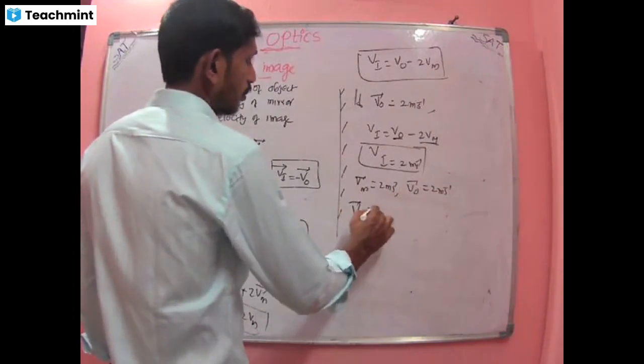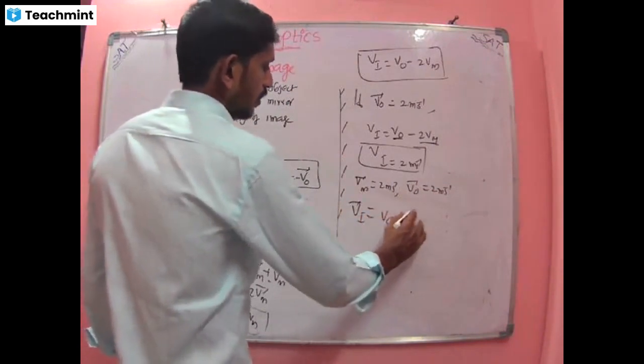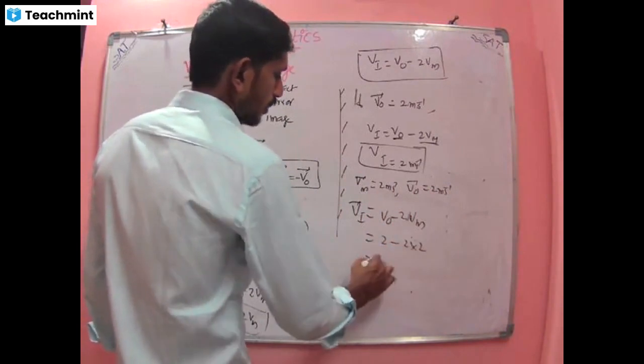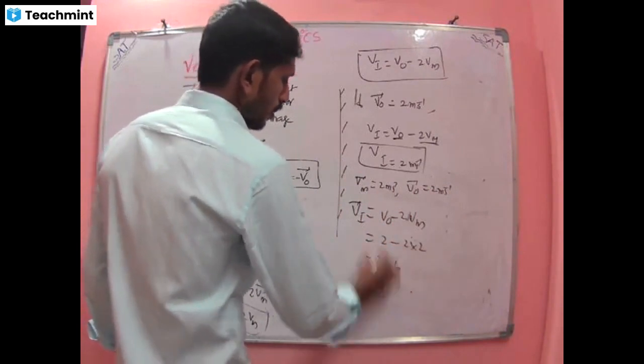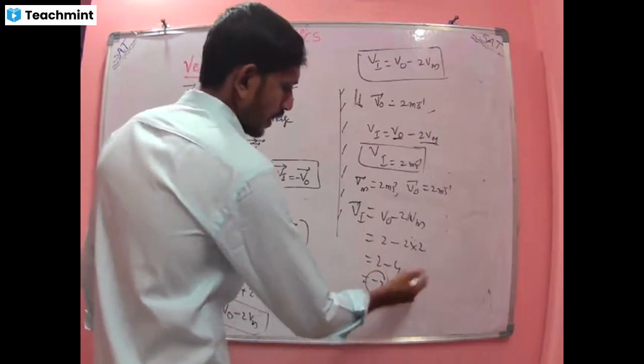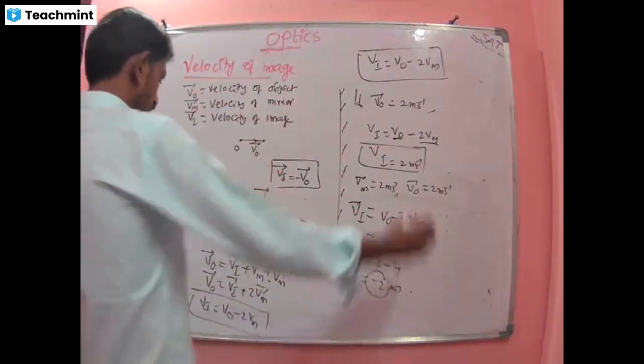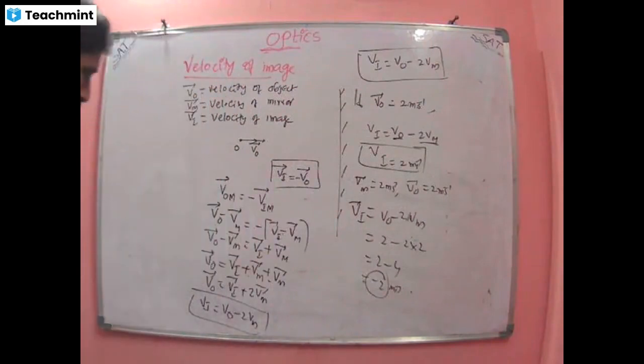VI is equal to VO minus 2VM, which is 2 minus 2 into 2, that is 2 minus 4, which is minus 2 meters per second. That means the direction is different. This is the formula we need to remember.